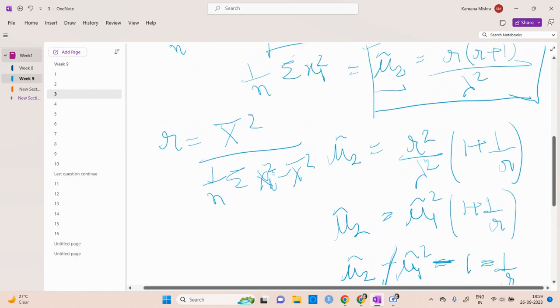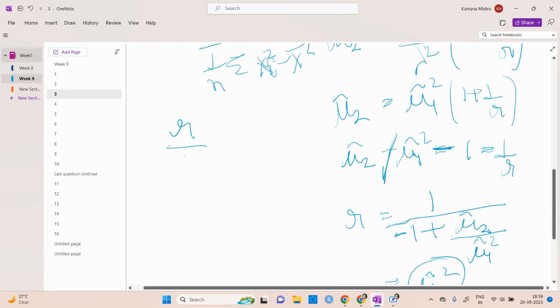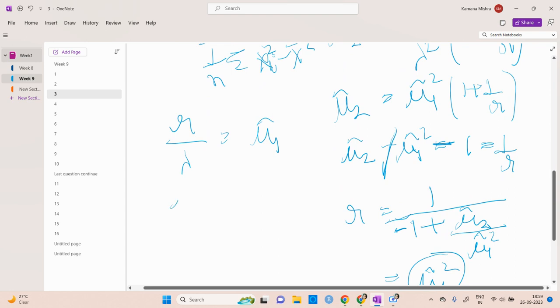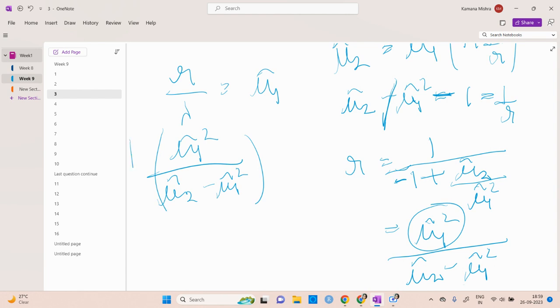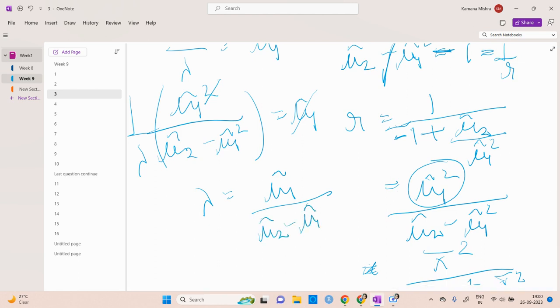So lambda is what? We have r upon lambda equal to mu1 cap. So r is mu1 cap whole square divided by mu2 cap minus mu1 cap square, and 1 upon lambda is equal to mu1 cap. So mu1 will cancel out. Lambda will be mu1 cap divided by mu2 cap minus mu1 cap square.